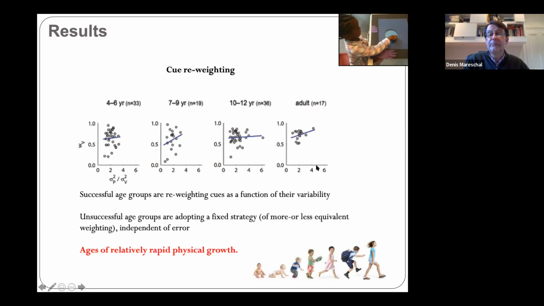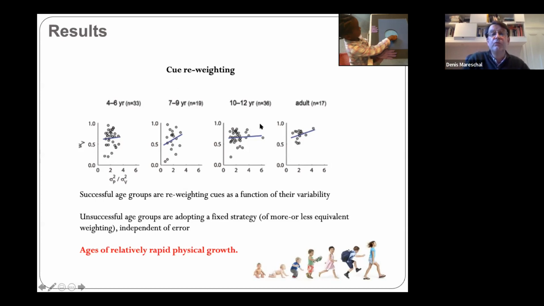So basically, if you have really bad proprioception, you should be weighting your vision more, if you're shaking all the time. And that's indeed what the adults do, not the 10 to 12-year-olds who were not optimal integrators. It's what the 7 to 9-year-olds do, who are also the optimal integrators, and not the 4 to 6-year-olds. So those that are showing this optimal use of information are also optimally able to adapt their strategy in response to this information when interacting with the world.